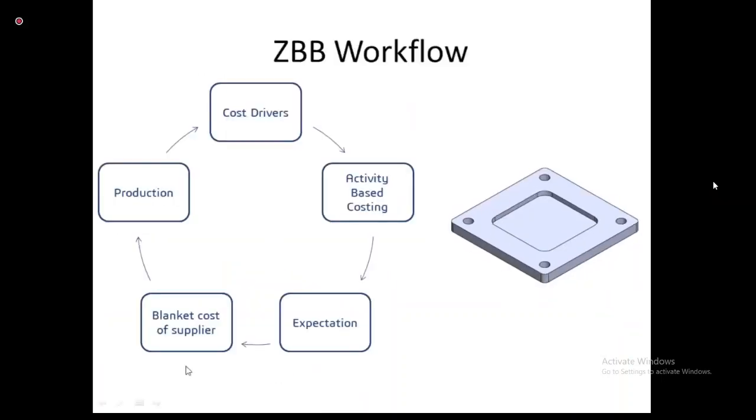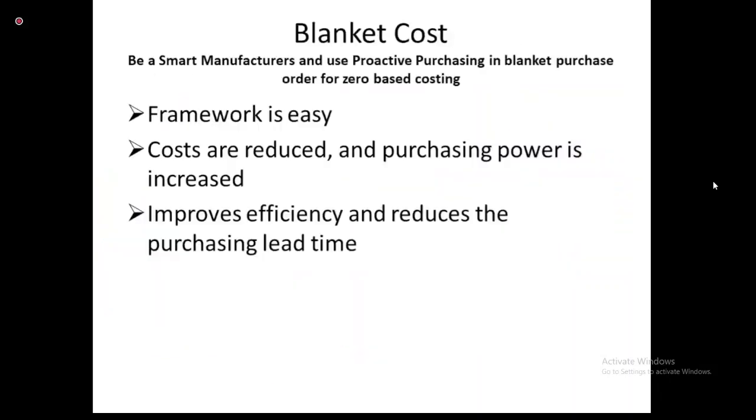Okay, the next is the blanket cost of the supplier, which is one of the main important things in zero based costing. Now, what is meant by blanket cost of the supplier? Let us understand this. As we know, due to COVID-19 there has been rising material price and inflation in the cost price at every level for the procurement of material.